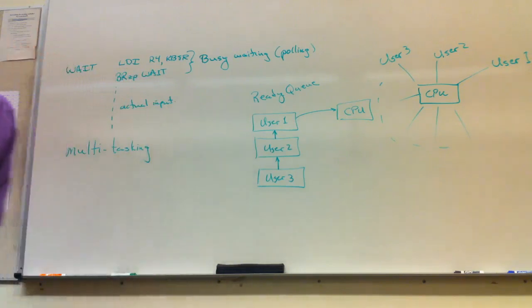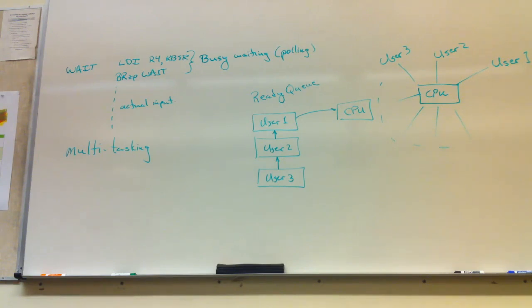True time-sharing systems, they will be allowed a certain amount of time, typically on the order of milliseconds, which is a thousandth of a second. It seems a really short time, but when you realize how quickly the CPU goes through instructions, you can get a lot done.